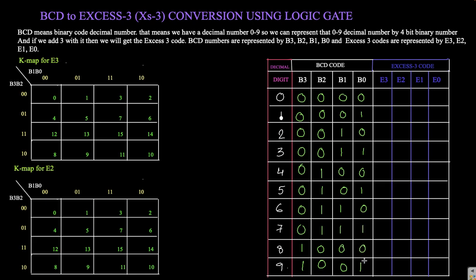So this is your 0 to 9 representation: this is the decimal number, and this part is the binary number.